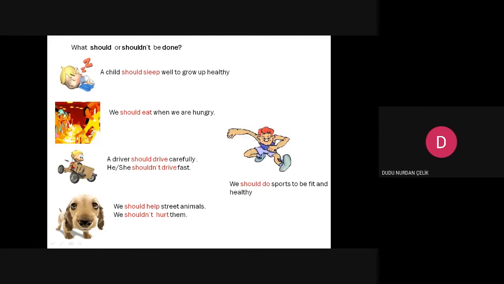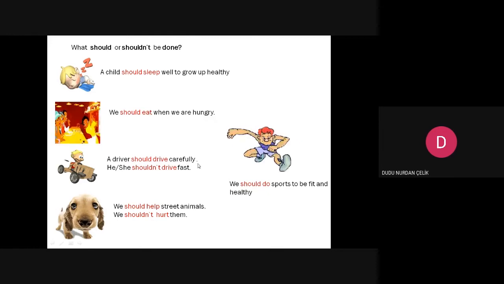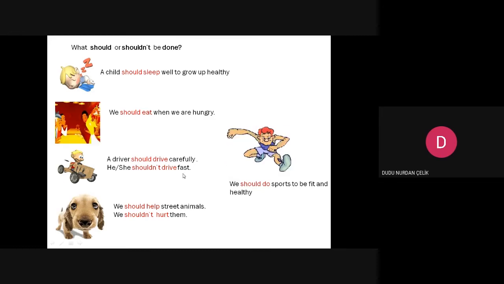Look at this driver. He's very young. A driver should drive carefully, or he can have an accident. He or she shouldn't drive fast. He should drive slowly.